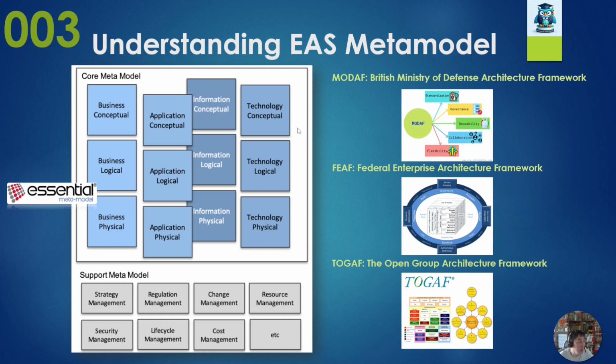Because in the core meta models, if you want to describe a program or project with the time, the schedule, the resource, the finance, or the budget, it's not easy. But now we have some supporting meta model, so we can model that. And the most important thing is the EAS connects those meta model elements to the core meta model elements.